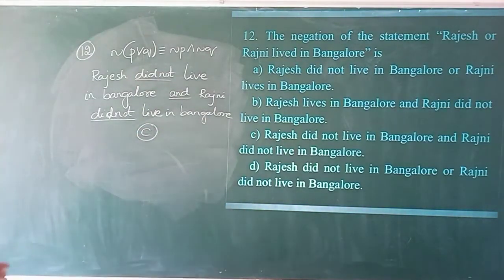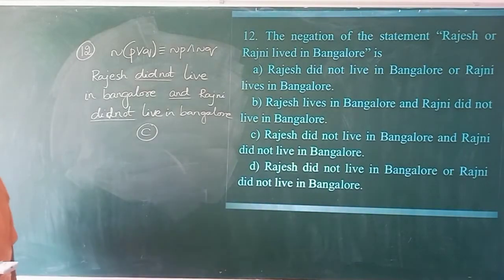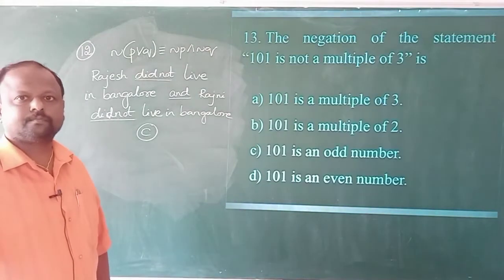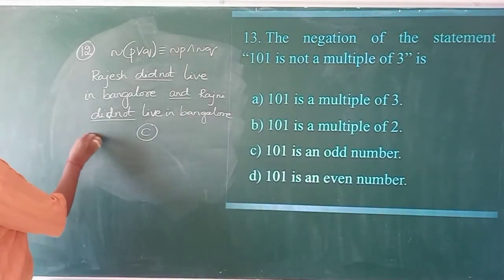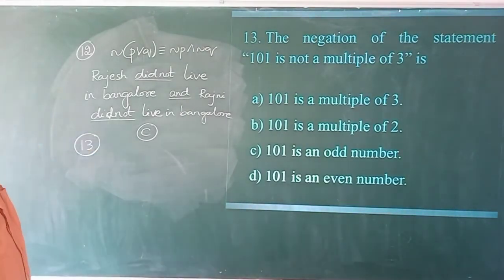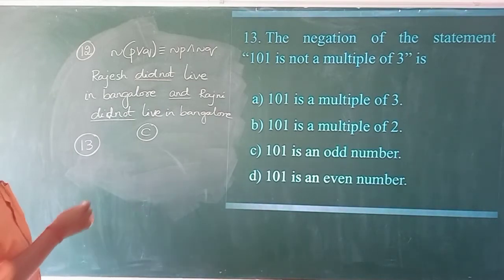Here the formula is very important. Next one, 13th one. The negation of the statement: 101 is not a multiple of 3. Here the not symbol is already there, remove not.